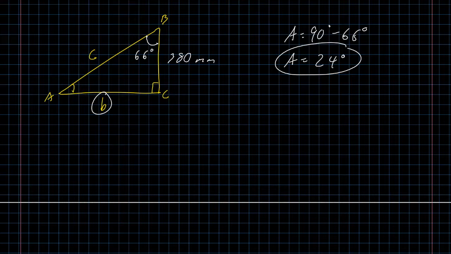Compared to angle B, side B is opposite, and side A, the 380 millimeters, is adjacent. And the trig function that relates the opposite side and the adjacent side is the tangent. Right? Tangent of angle B is little b over little a.